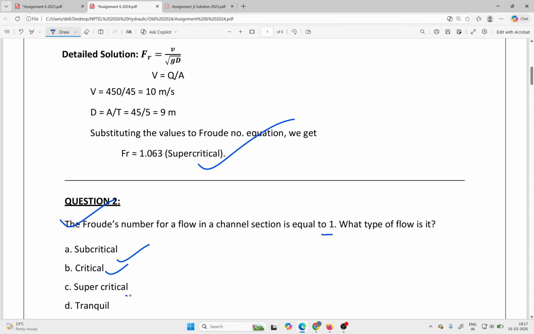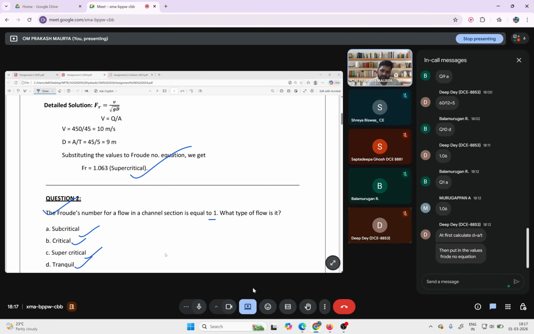Subcritical, critical, supercritical, or turbulent. Equal to 1. Very easy question. I need answers from all participants, all sides. Please, I need answers from all participants.